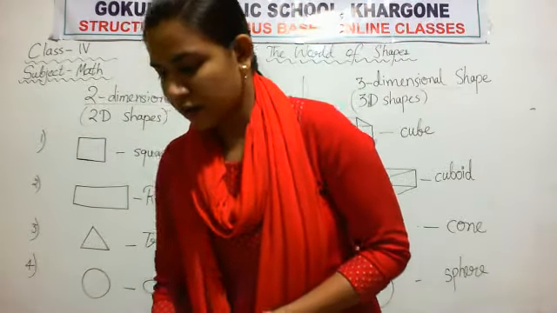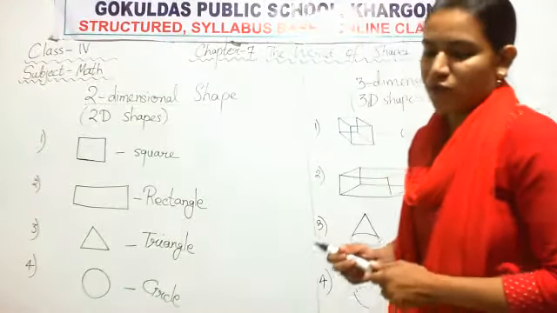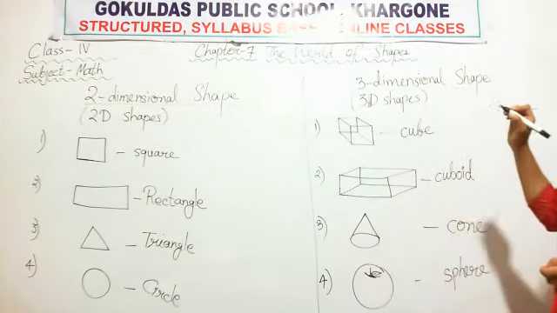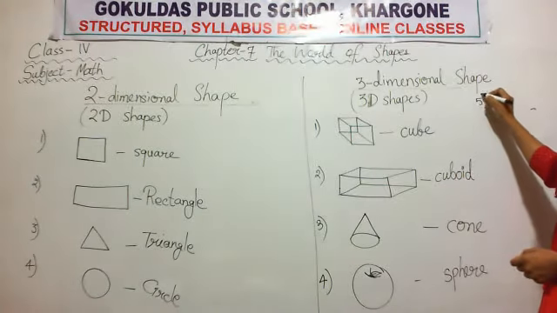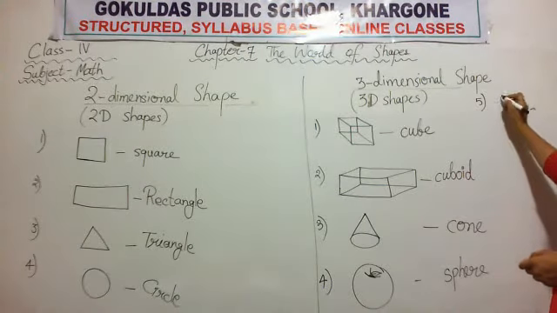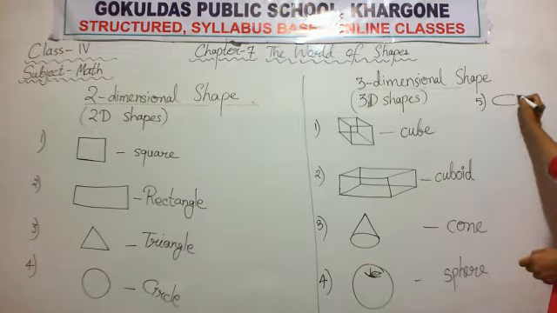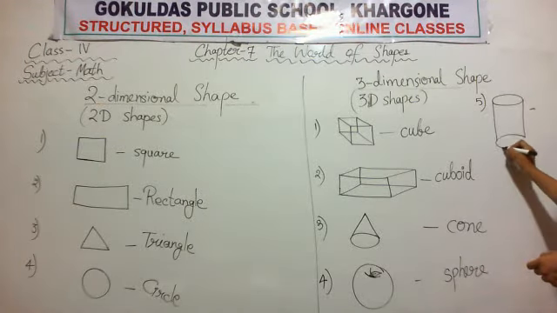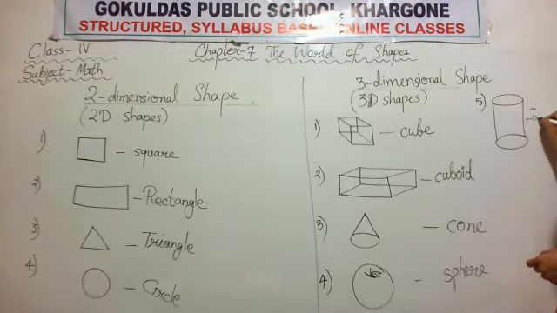I want to discuss one more 3D shape, which is cylinder. The 5th shape is, I am drawing here, the 5th shape is cylinder. The name of this shape is cylinder.